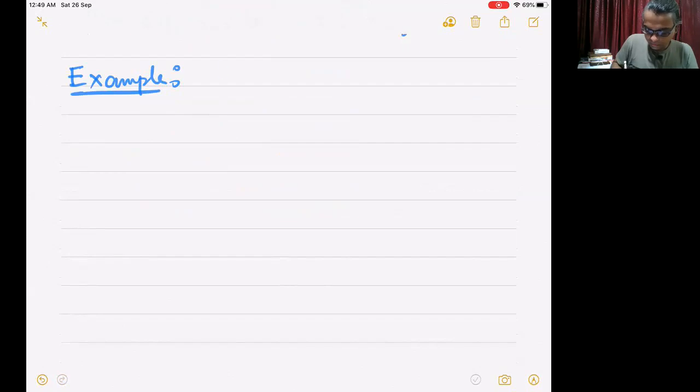As I said, the vector space that we believe we understand the best, R2 to R2. So there is a linear map phi from R2 to R2. We have already seen that this linear map can be represented by a matrix.